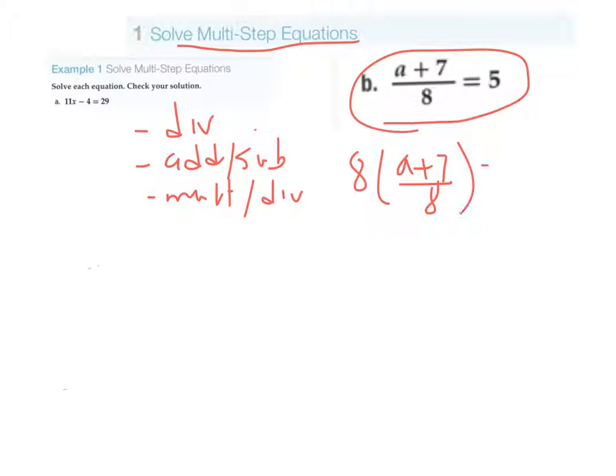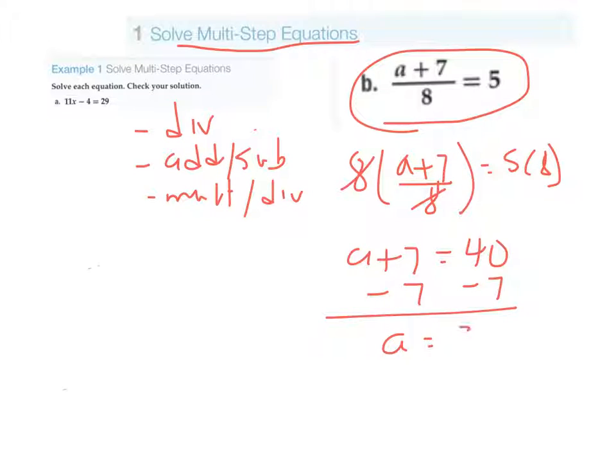Multiplying by the 8 on both sides. First, that cancels these 8s, which leaves me without a fraction. And then I get 40. Now this is just a one-step problem. I add or subtract, and I get my answer of 33. And there's no division or multiplication to do.